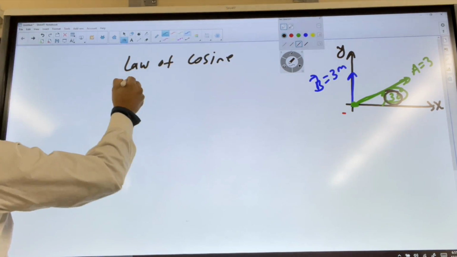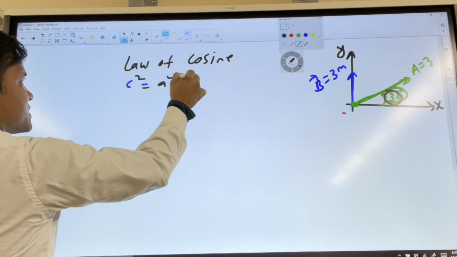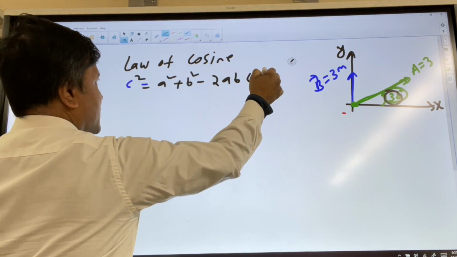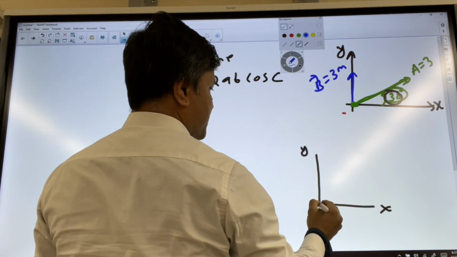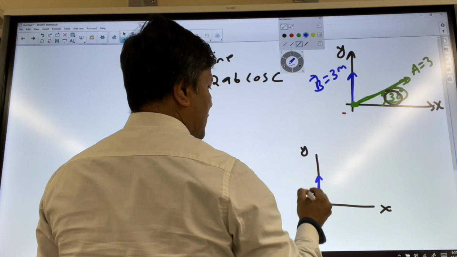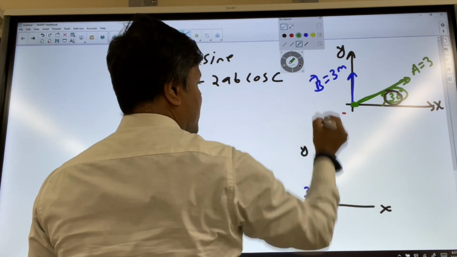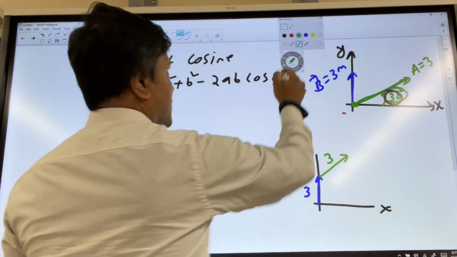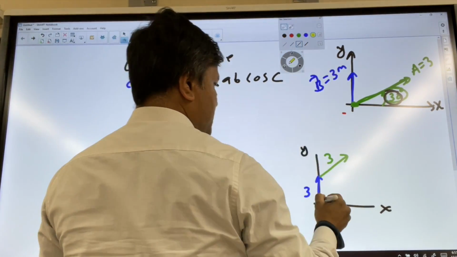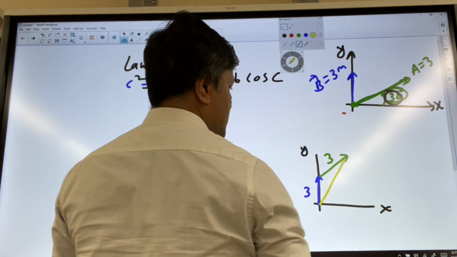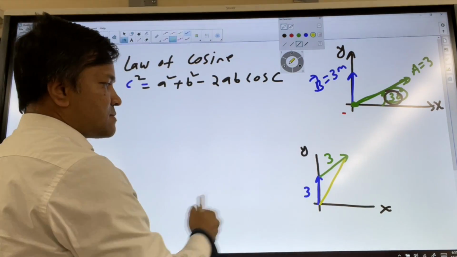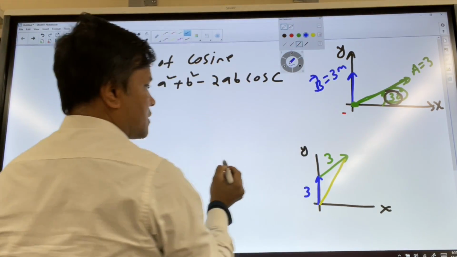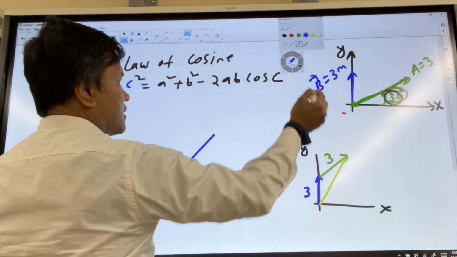So what is law of cosine? c squared is equal to a squared plus b squared minus 2ab cosine c, which is 3, and then we're going to draw vector A, which is also 3. Then we're going to connect vector A and B. So this is 3, this is 3, so this seems like an isosceles triangle. So let's draw an isosceles triangle.